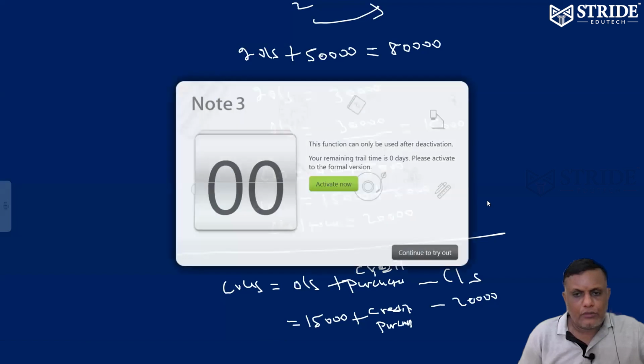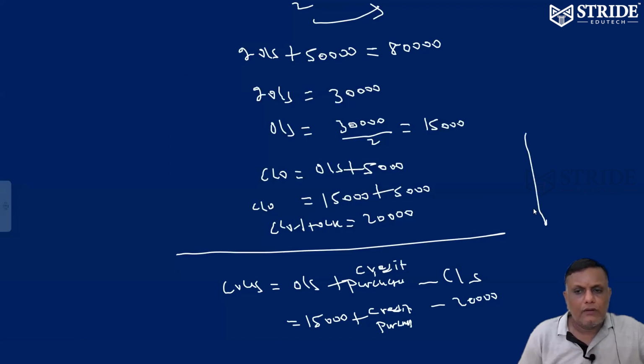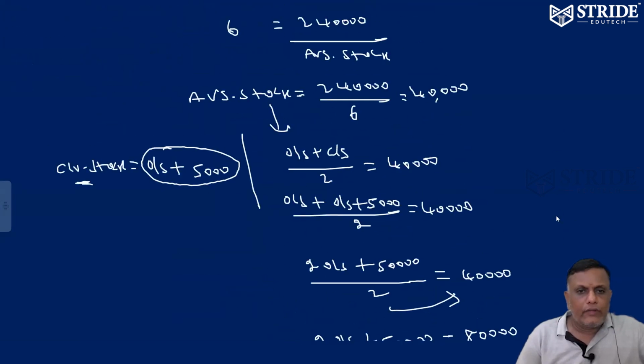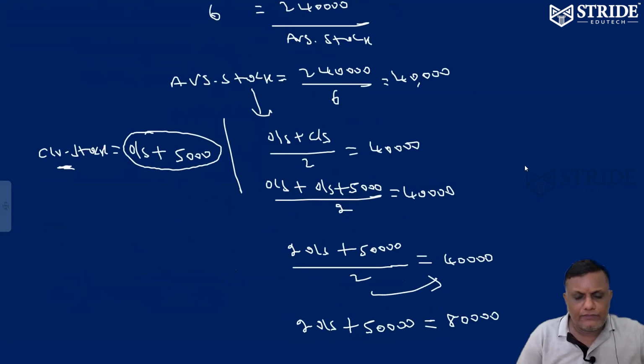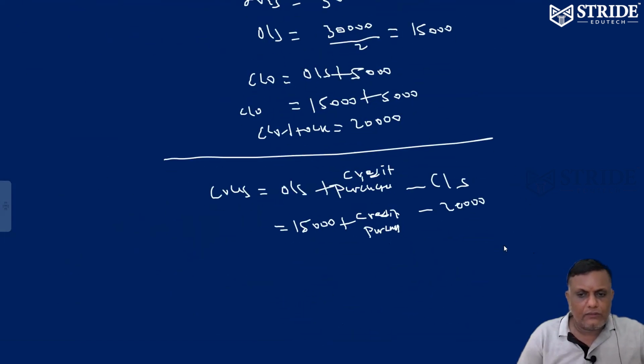The credit purchase is unknown. What is COGS? COGS is 2,40,000.